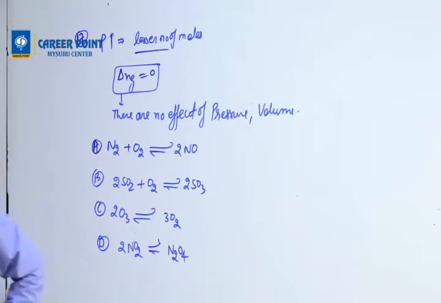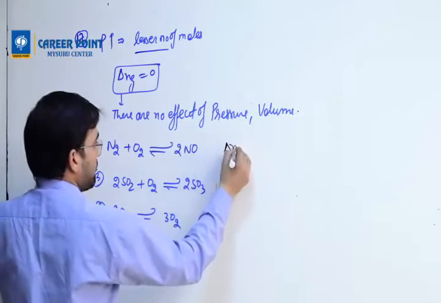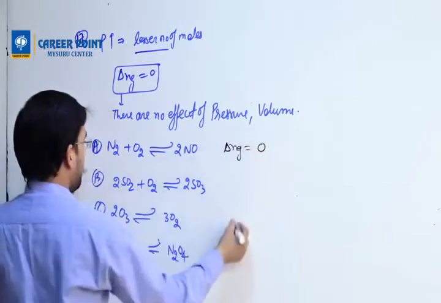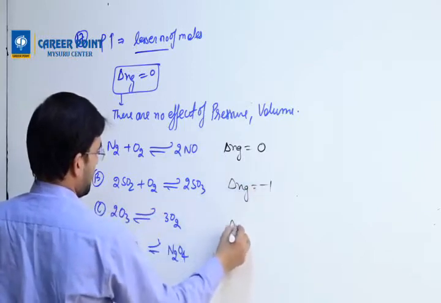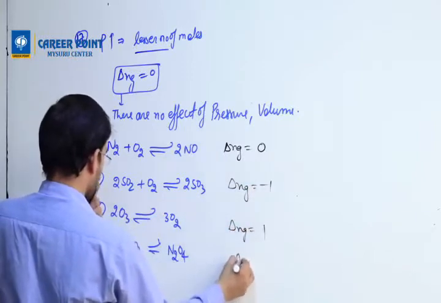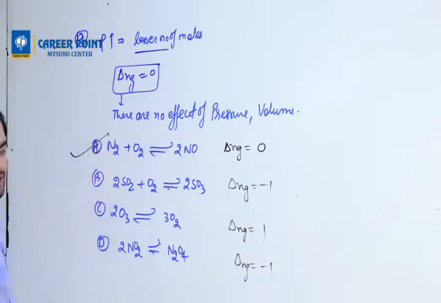Correct, option A, delta Ng is 0. Here delta Ng is minus 1. Here delta Ng is 1. There delta Ng is minus 1. So the correct option is option A.